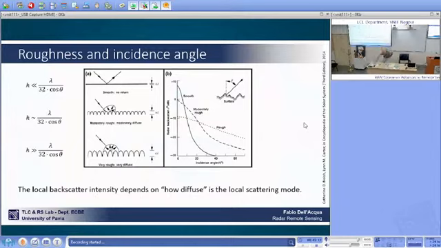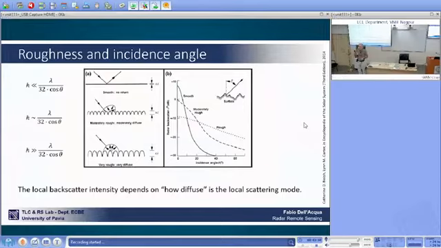Very smooth: mirror reflection. Medium smooth: some mirror reflection, some scattering in different directions. When you have a very rough surface, the diffusion becomes almost total. You cannot even tell from where the wave came in.